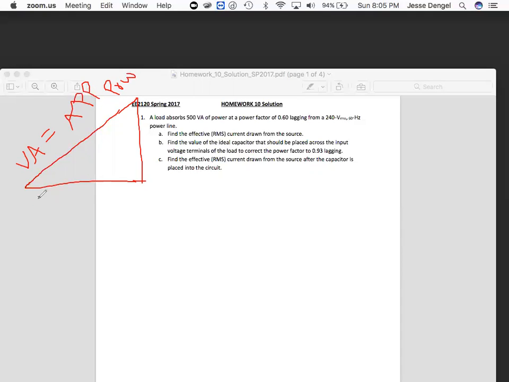And then we have this right here, which is on the x-axis, our real power. And then our y-axis is, I'll draw it right here so you still see the problem, reactive power.